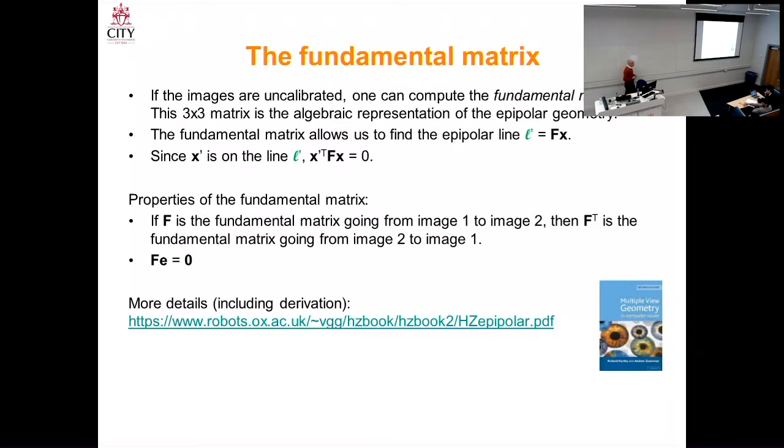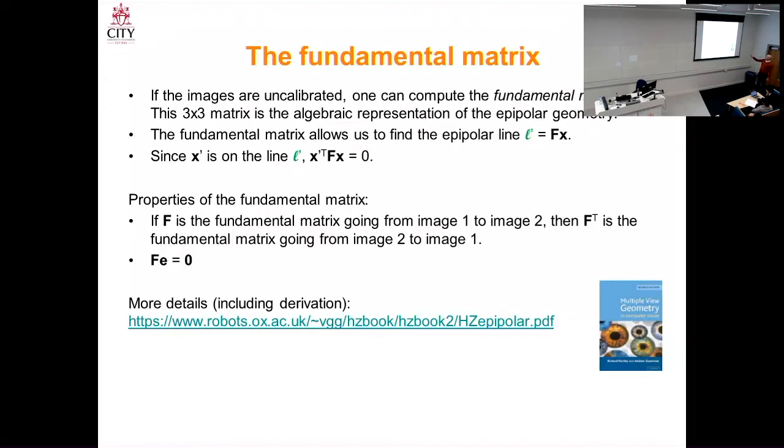So if your images are uncalibrated, okay, you don't know any of these calibration parameters, then what you can do is compute something known as the fundamental matrix. And we're going to denote that with the symbol F. So F is a 3x3 matrix, and it really encodes the epipolar geometry into an algebraic representation. Here, it makes it actually really easy to compute an epipolar line.